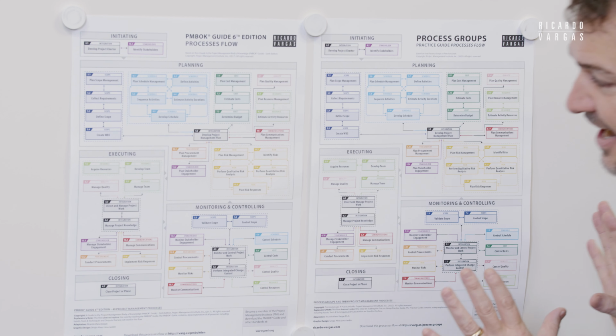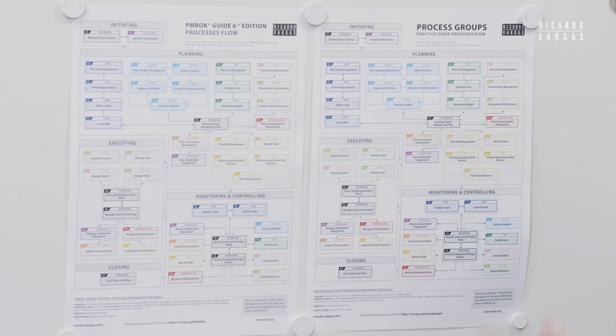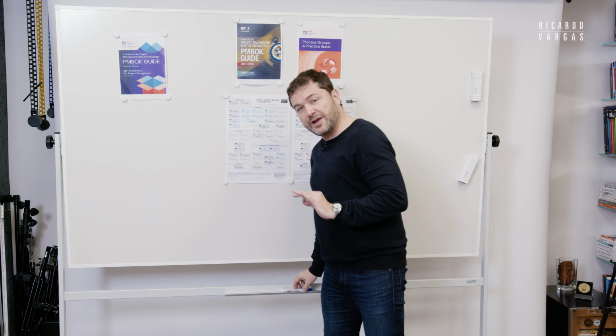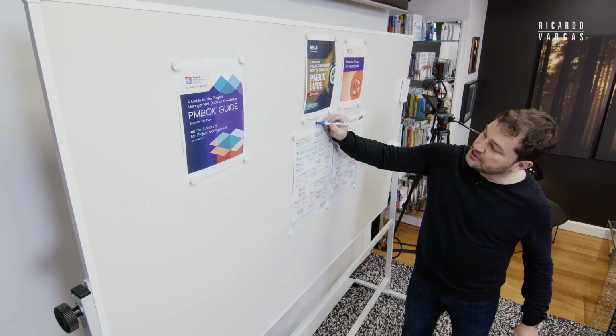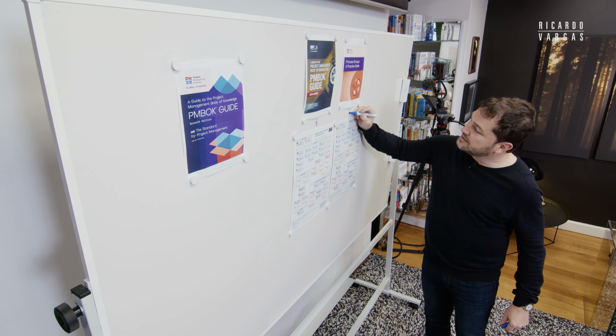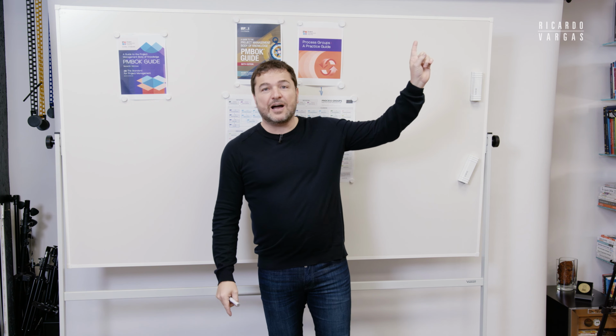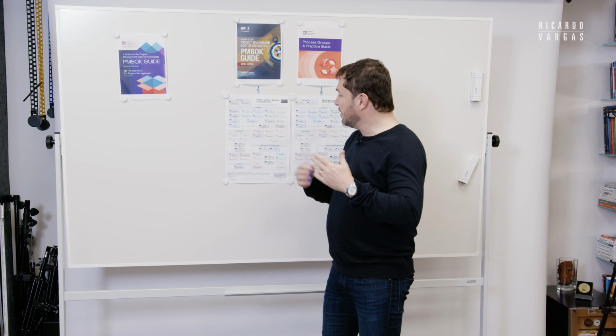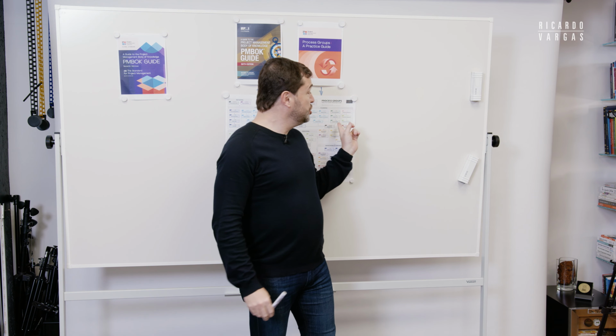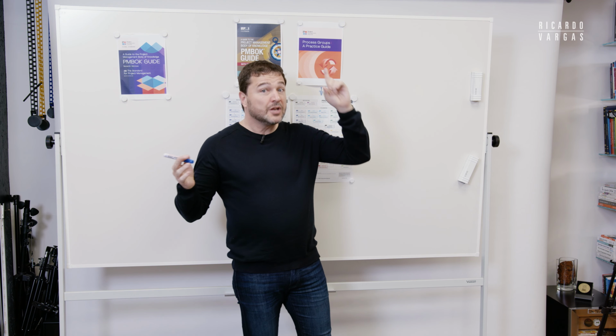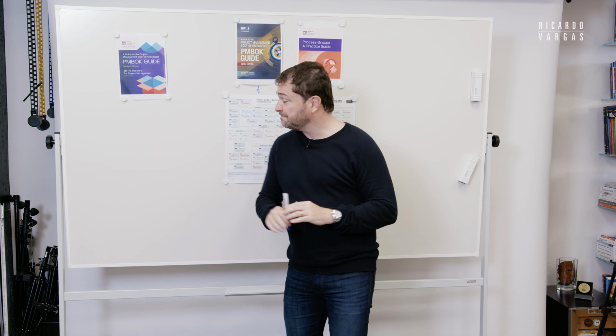And you see that they are visually identical, okay? They're visually identical. This was extracted from the PMBOK 6th edition and this one from the practice guide. Both of them you can download here. This you can download for a long time. And this one now you can also download on the same link above.